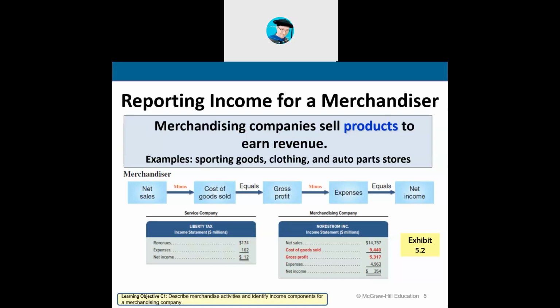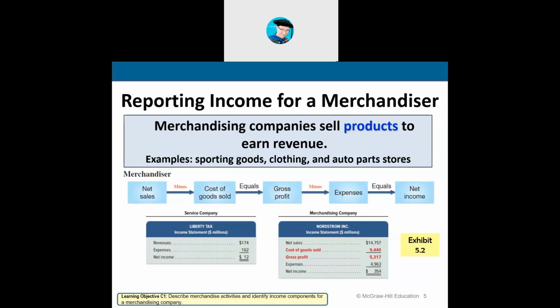So for the company, Macy's sold the shirt to me for $20. But there was a cost to Macy's to sell me that red shirt. The cost to Macy's includes the cost of purchasing that red shirt from their vendor, from their supplier of red shirts. Okay? So it might have cost Macy's $2 to acquire that red shirt.